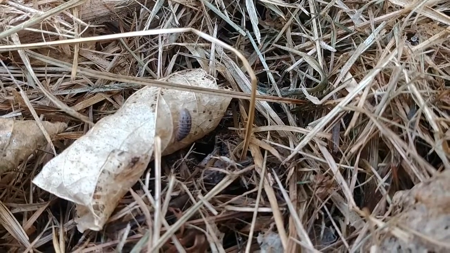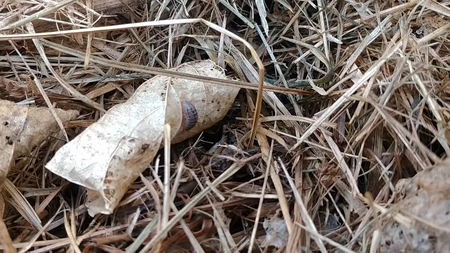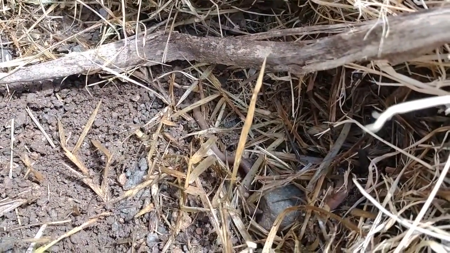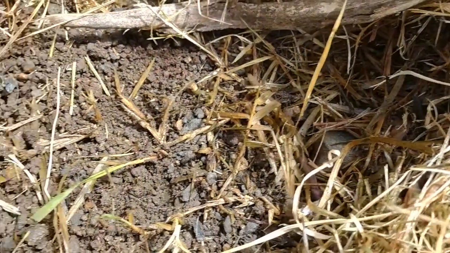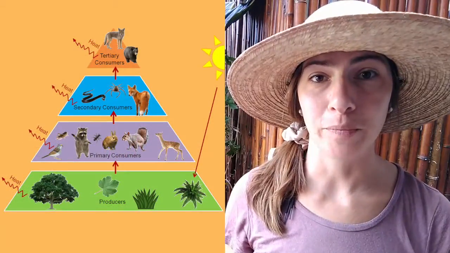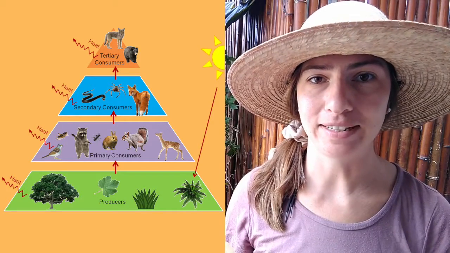And lastly, we have our decomposers, which you may remember from our composting lesson, get their energy from eating and breaking down organic matter, or things that were once alive and are now dead. Our decomposers return these nutrients from the living things back into the soil. So a food web shows the interconnected relationships between all of these different organisms.